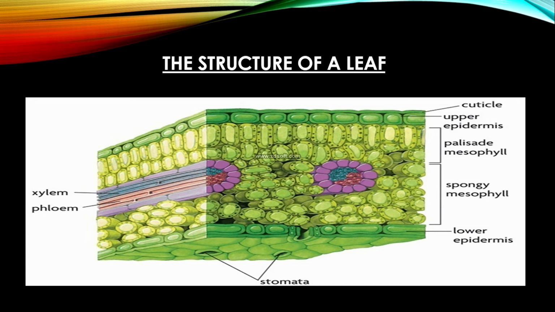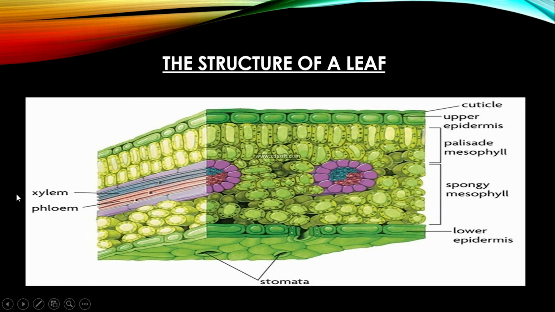Then we have a lower epidermis, and here we have stomata. The purpose of stomata is to control the exchange of gases and water between the leaf and the atmosphere. Around the stomata, not labeled here, are the guard cells. The guard cells are there for controlling the opening and closing of the stomata, which controls the rate of gas exchange.